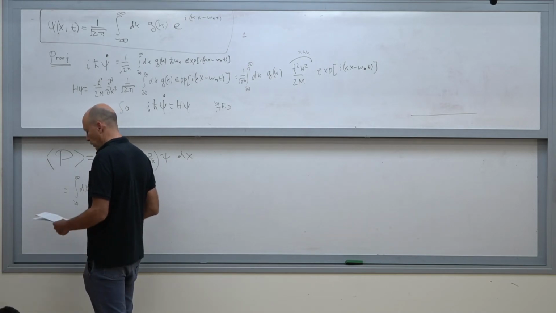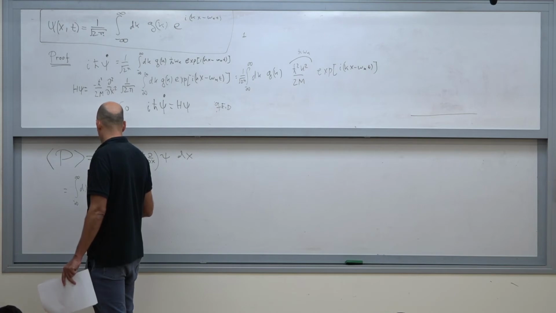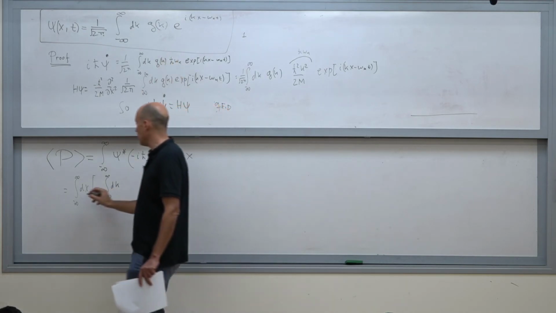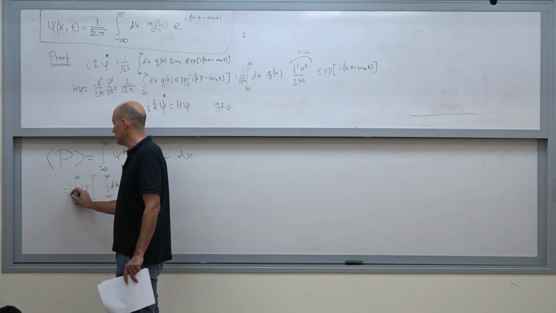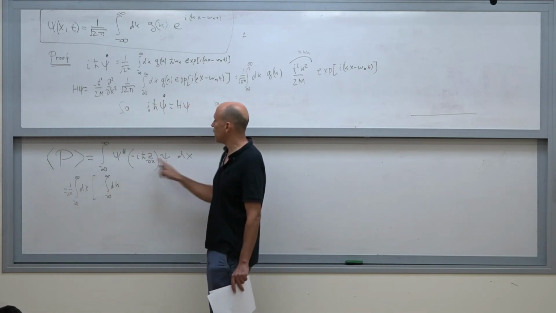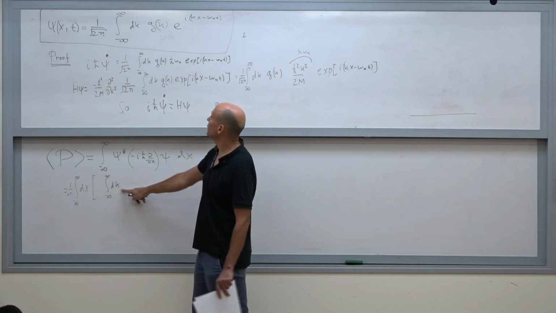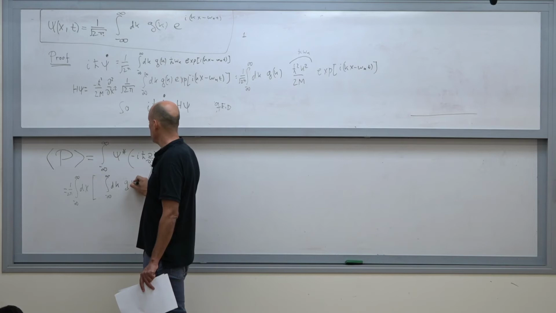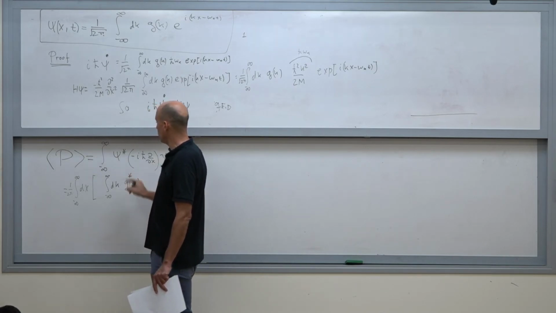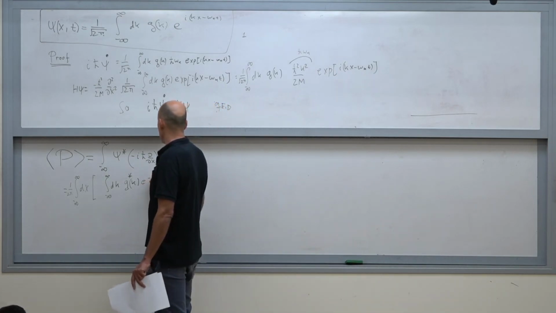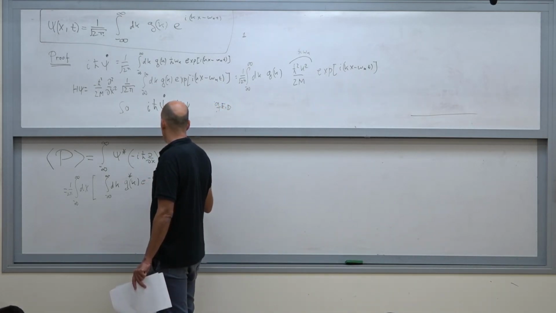Here I have the integral from minus infinity to infinity dk. This is psi star, so I'm just taking this guy, taking the star. Here I'll have 1 over 2 pi, because I have psi star and psi. So I have to take this guy, g(k), but is it g(k)? It's g(k) star, because this corresponds to psi star, e to the minus i(kx minus omega k t).